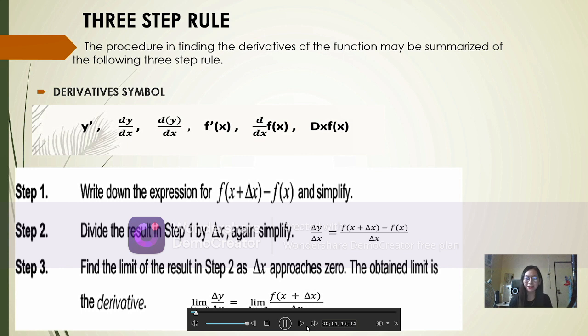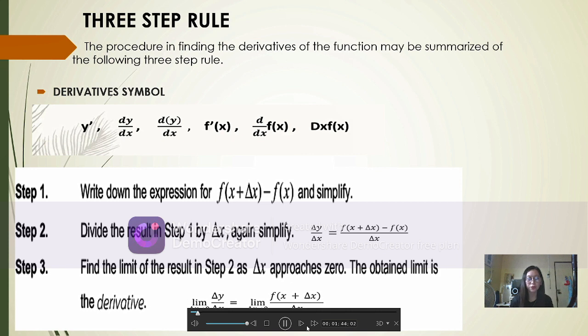Step 3. Find the limit of the result in step 2 as delta x approaches to 0. The obtained limit is the derivative. So limit as delta x approaches to 0 of delta y over delta x is equal to limit as delta x approaches to 0 of f of x plus delta x minus f of x over delta x.